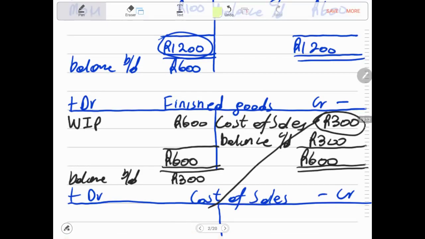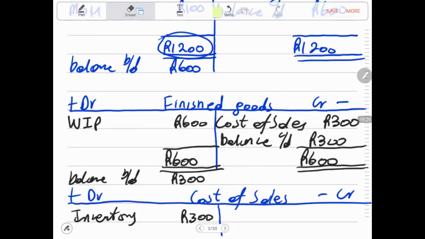If inventory is decreasing because of cost of sales, because it was sold, our cost of sales must increase by the amount of 300, and the contra entry will be inventory. So now these are the basic ledger accounts that you need to master with regard to manufacturing cost.